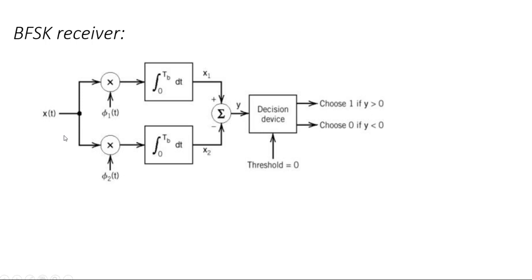Similarly, for symbol 0, this input is closer to 0 as compared to the other, so x2 will be higher, so y will be negative. The decision device will choose 0 when y is less than 0. So it is the BFSK receiver.